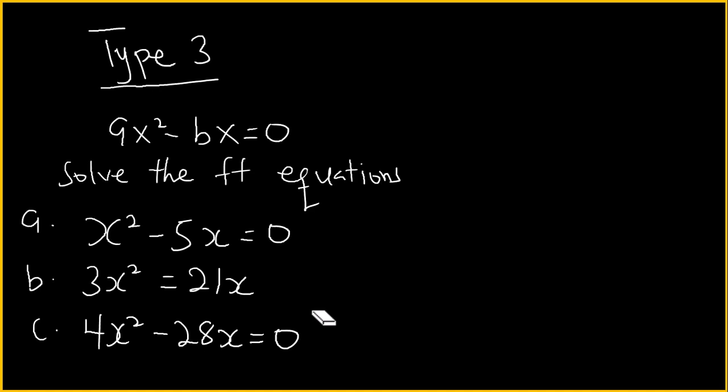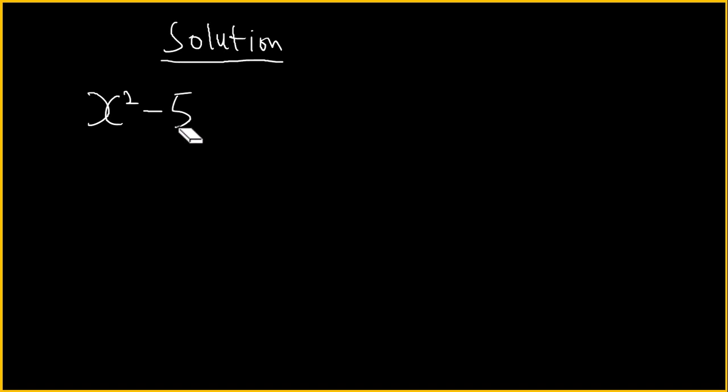Now our first equation, x² minus 5x equals 0. Let's solve this one together. x² minus 5x equals 0.